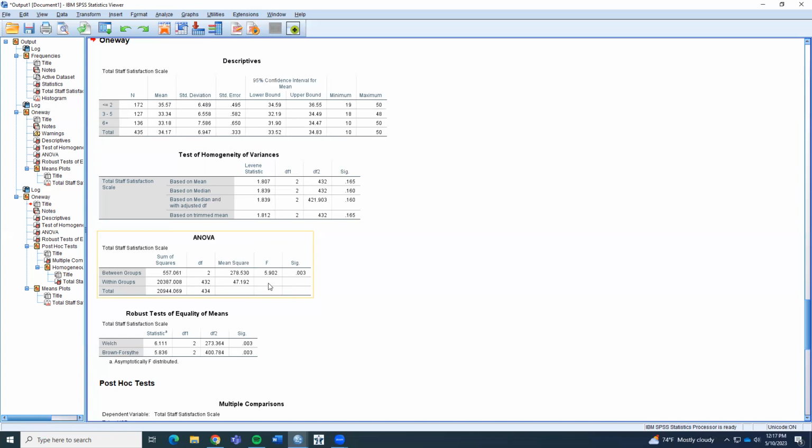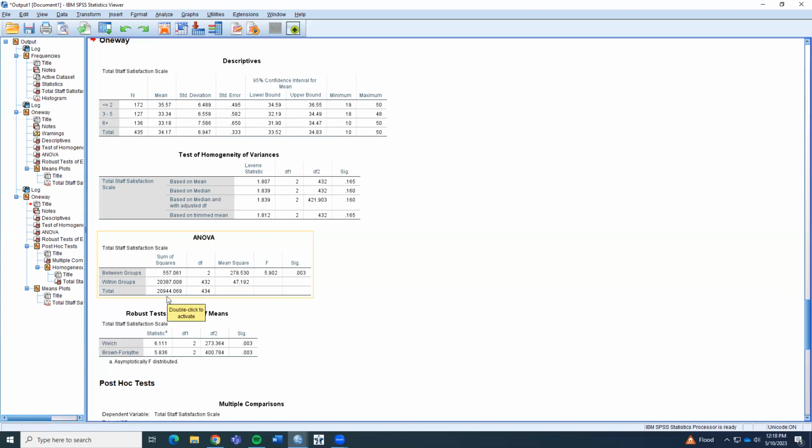All right, so question number 2 then is, how big is the effect? And so to find out that, we calculate R squared, and we use the sum of squares information in the ANOVA chart. So right here, the sum of squares. We take the between the groups value, and we can see that right here, between the groups value of 557.061, and then we are going to divide it by the total, which is this huge number down here, 20944.069.